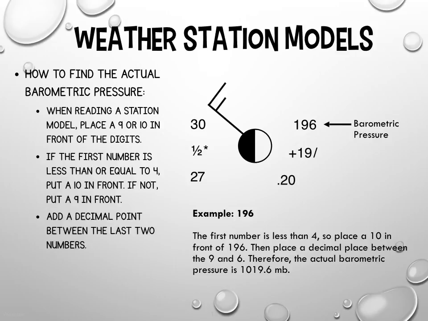When we're reading it, we're going to place a 9 or a 10 in front of the digits. If the first digit is less than or equal to 4, you're going to put a 10 in front of it. And if not, you're going to put a 9 in front of it. And then you're going to add a decimal point between the last two numbers.